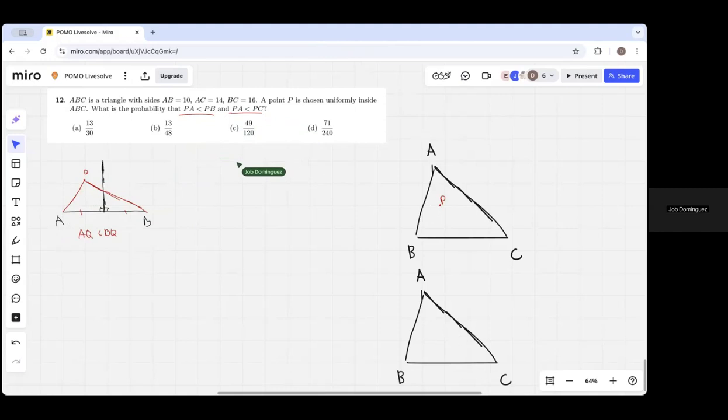Another definition is about a triangle. I will use the bottom triangle.